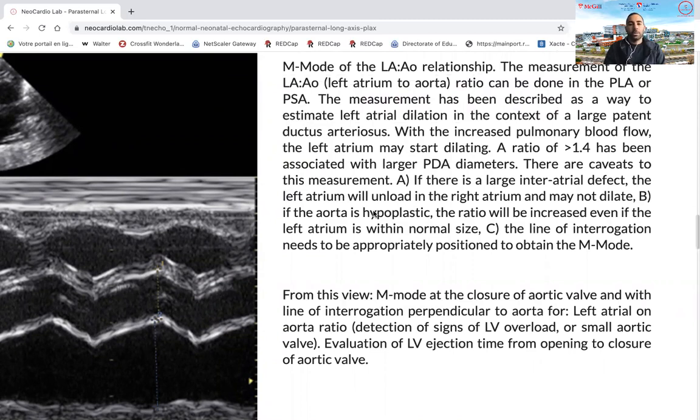So one cause could be when you have a large ductus arteriosus with a lot of left to right shunting. Or another reason could be because you have a small aorta. So be aware that in the context of small left-sided structures or coarctation, you can have a ratio that would be more than 1.4.